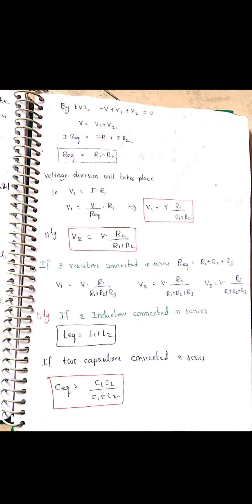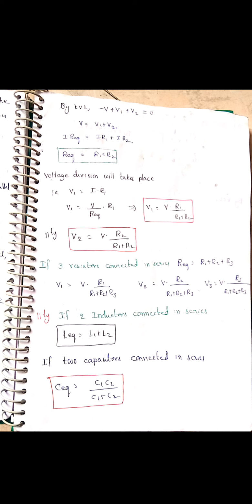So if you want to find any branch voltage in a series connection, it is equal to the total source voltage into the resistance across which we are calculating the voltage, R1, divided by the total resistance connected in series, R1 plus R2. Similarly, V2 we calculate using the formula V into R2 by R1 plus R2.